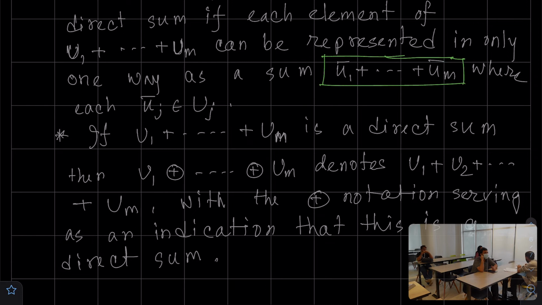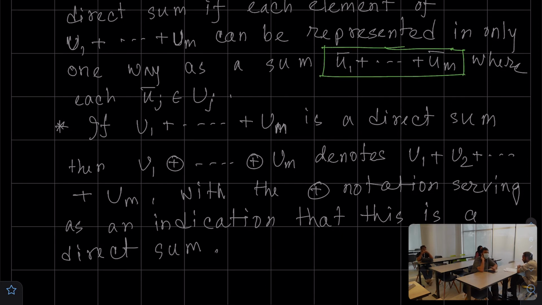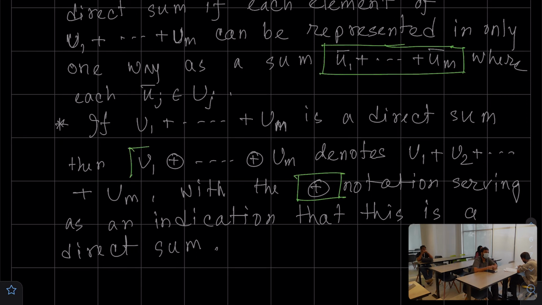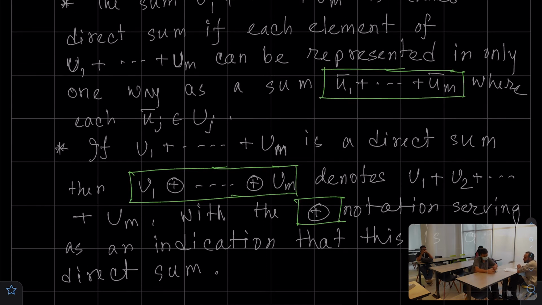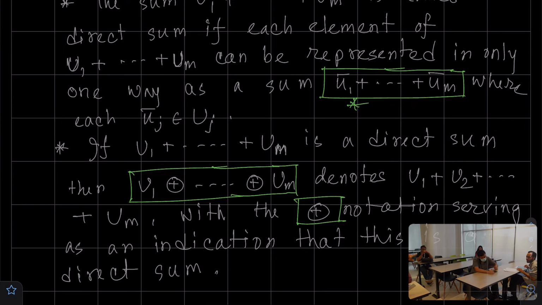And for the notation, when I write something like this, it means there is only one representation of this form. Here, for each uj, uj belongs to the subspace.